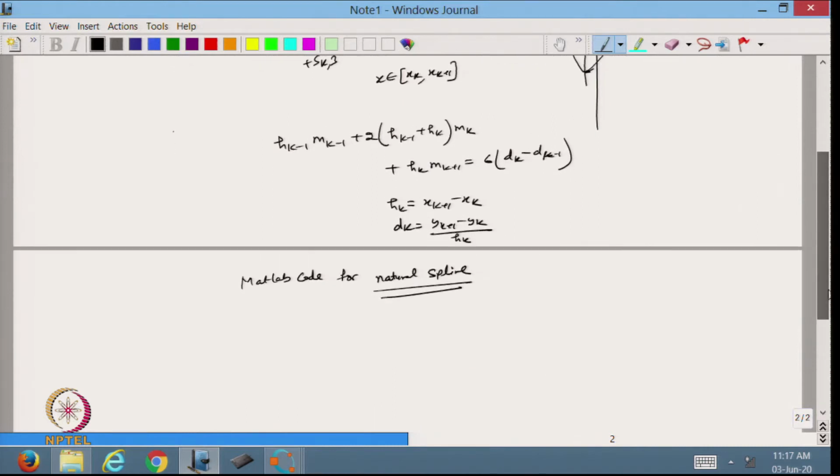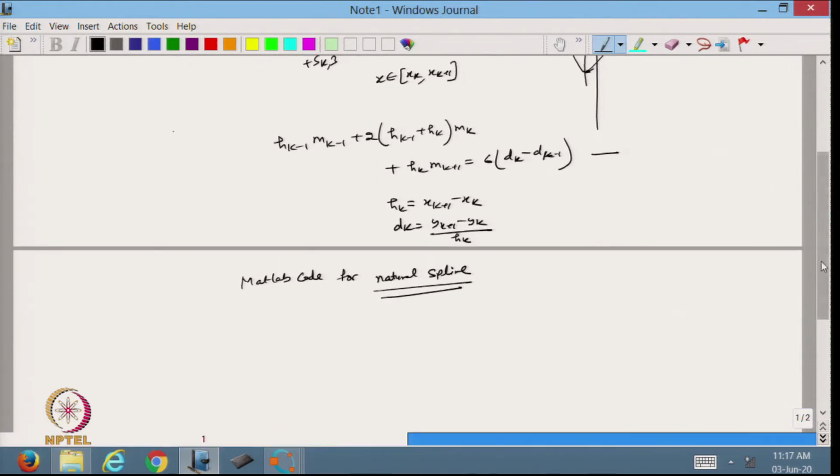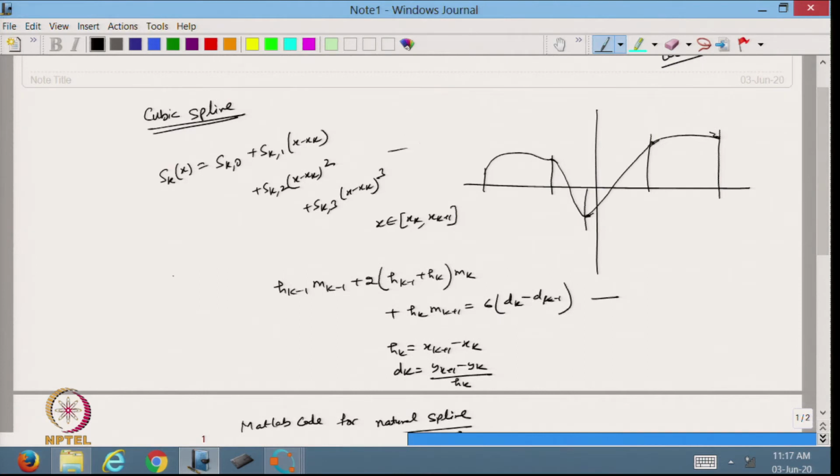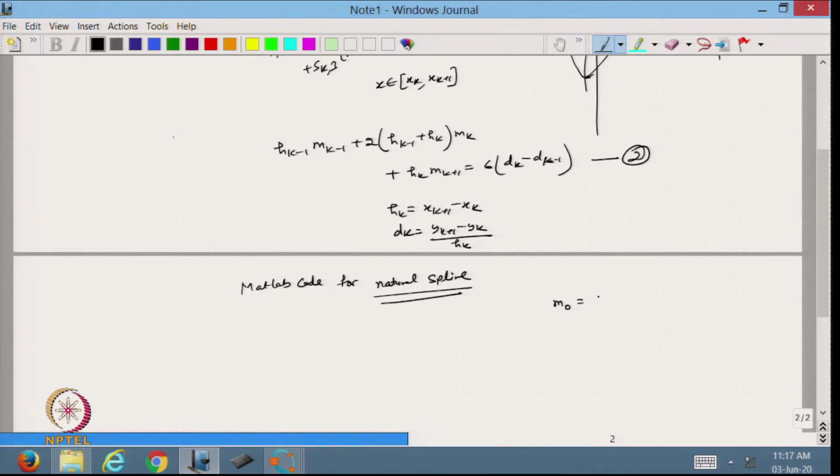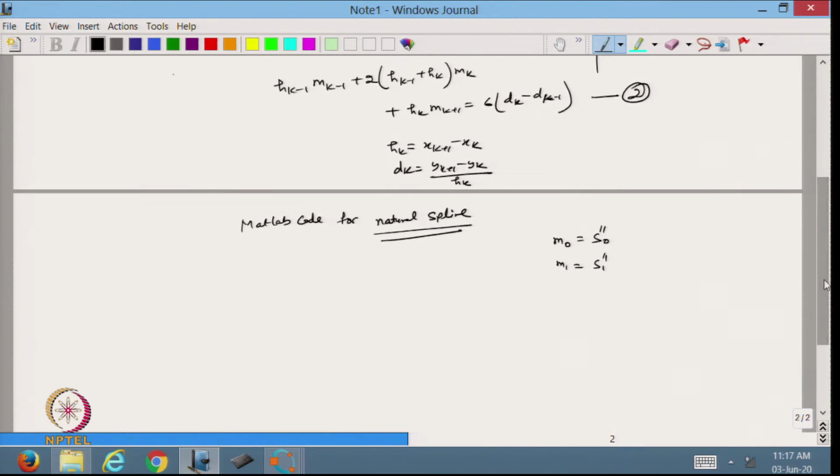I will call these equations number 1 and 2. Now mk is the second derivative at the point, so m0 is the second derivative of s0, m1 the second derivative of s1, and so on.